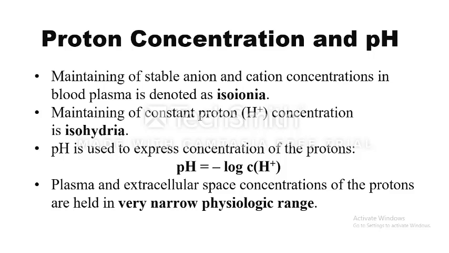Maintaining constant proton ion concentration is isohydria. pH is used to express the concentration of the proton. As we discussed earlier, it is the negative log of the concentration of hydrogen ions. Plasma and extracellular space concentrations of the protons are held in a very narrow physiological range, and that should be maintained.